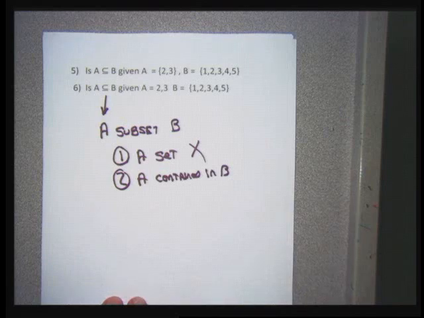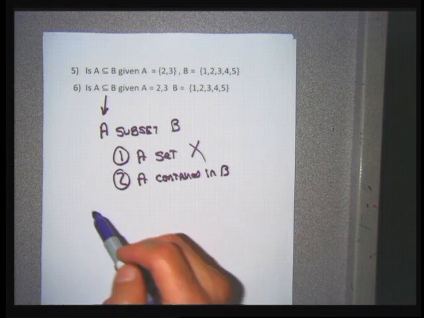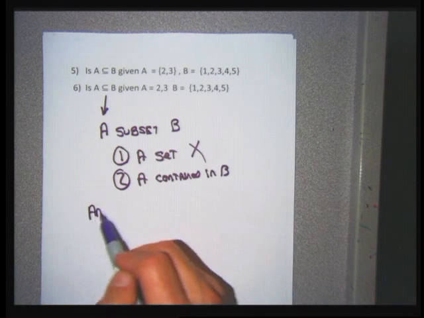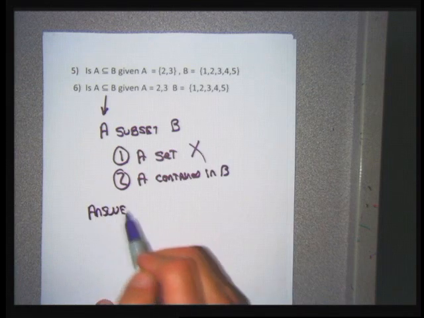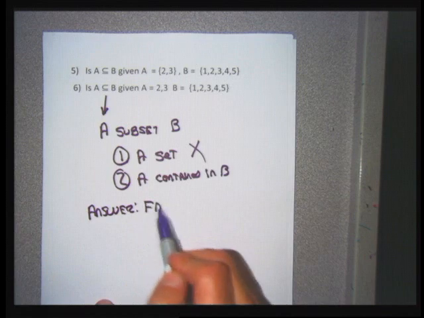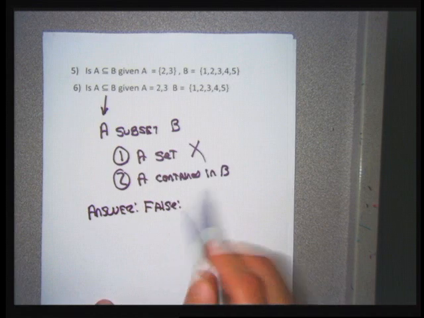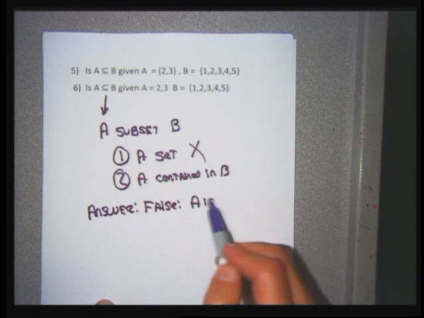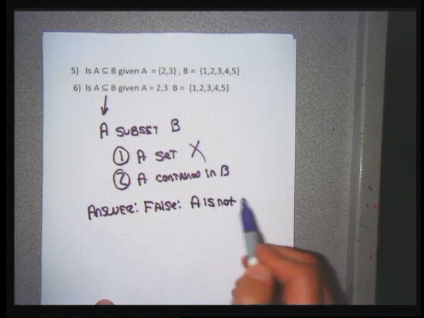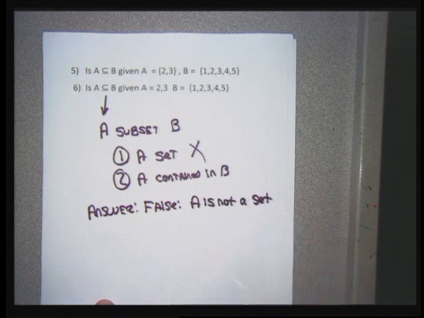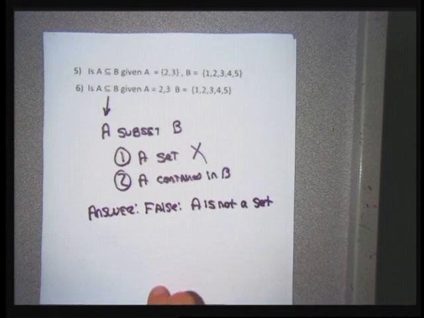It's contained in B, but it's not a set, so it's not a subset. So my answer for number 6 is going to be false, and I'm going to say A is not a set for my reason. When you do 5, you're going to get a different answer. It's going to be true, actually. And when the answer is true, you don't need to give a reason.